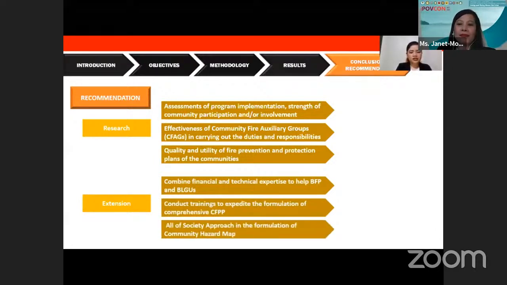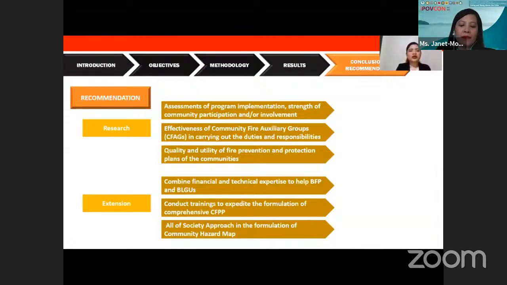It is likewise recommended that the financial and the technical problems be addressed by combining the resources of the technical and research institutions in order to help the BFP and the BLGUs realize these measures.